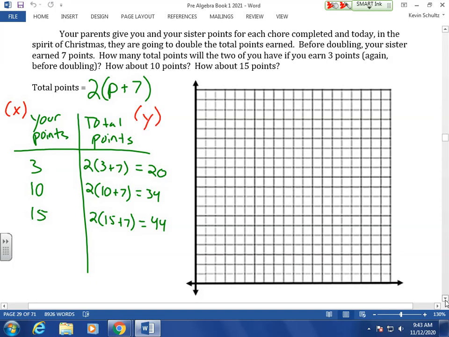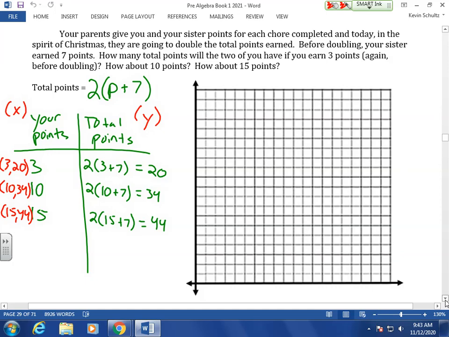So the ordered pair that we get for 3 is (3, 20). Your points 3, total points 20. The ordered pair that we get for 10 is (10, 34). Your points 10, total points 34. And the ordered pair that we get for 15 is (15, 44). Your points 15, total points 44.